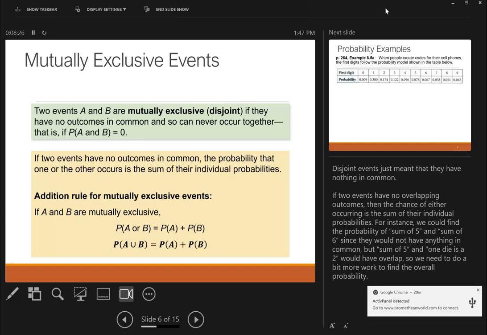Examples of events that are mutually exclusive. Give me an example. Relationship. No, that's actually, DeGrande can date whoever he wants, let's be honest.